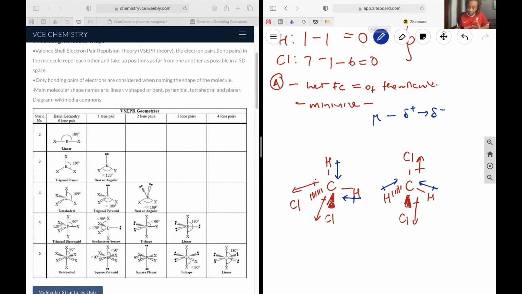These two will yield a dipole pointing downwards. And these two, we have one pointing downwards and one pointing slightly upwards. And so they will add in a different way, but it's not going to add to a dipole that can cancel this one out. So I can already tell that this one's dipole moment is non-zero.